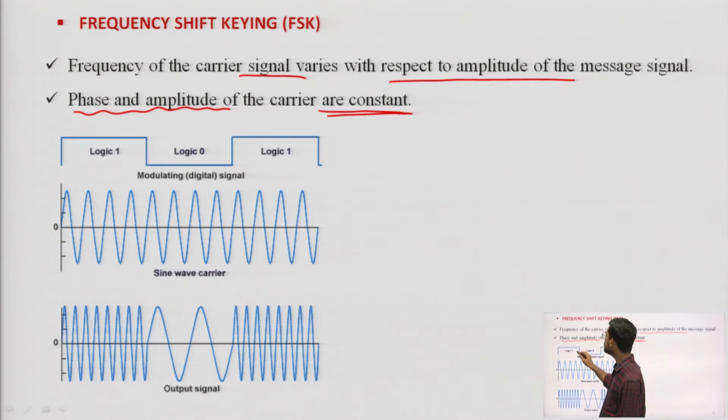The baseband signal, that is the modulating or message signal, is this 1 0 1, and the carrier is a continuous sinusoidal wave. For logic 1 there is the high frequency, for logic 0 it is low frequency, and for logic 1 again high frequency.